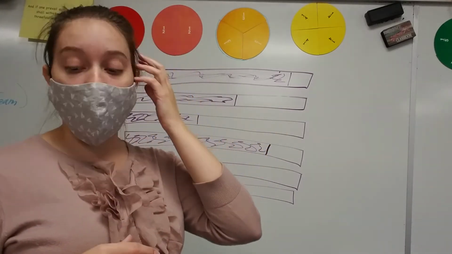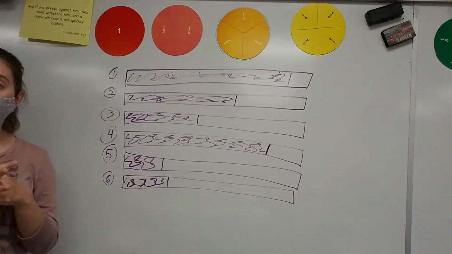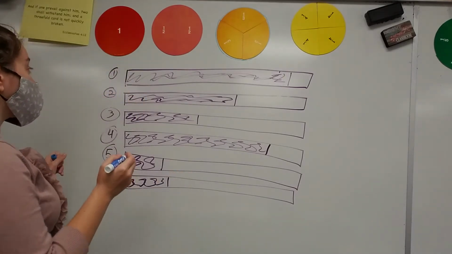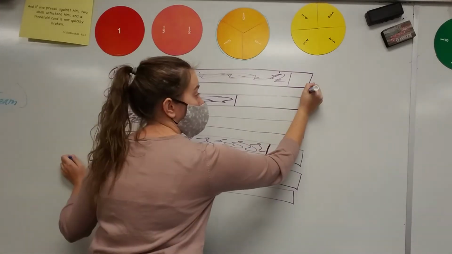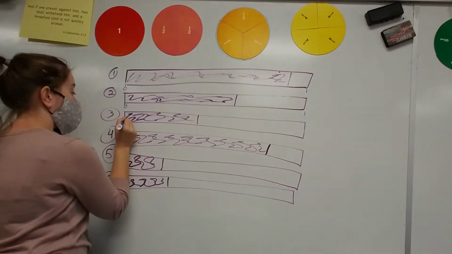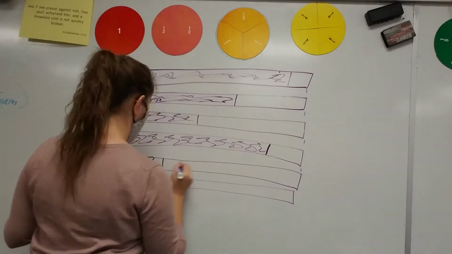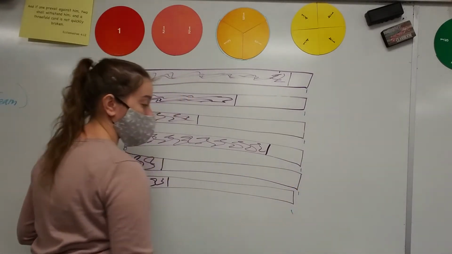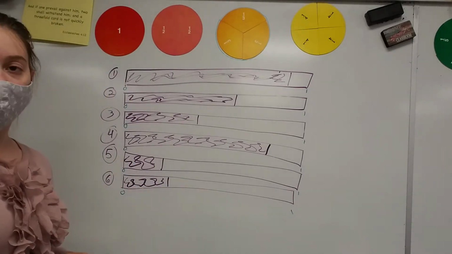So when it says to use benchmarks, it means points that you know, okay? We know that this is 0, right? We know that this is 1. So I want you to put a 0 and a 1 on each rectangle at the end, just like mine. Those are easy, right? 0 is on the left, 1 is all the way at the end.